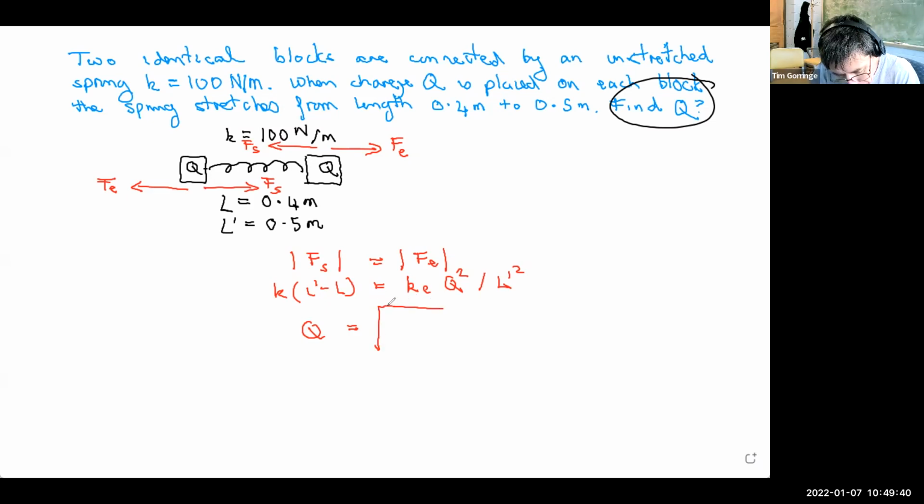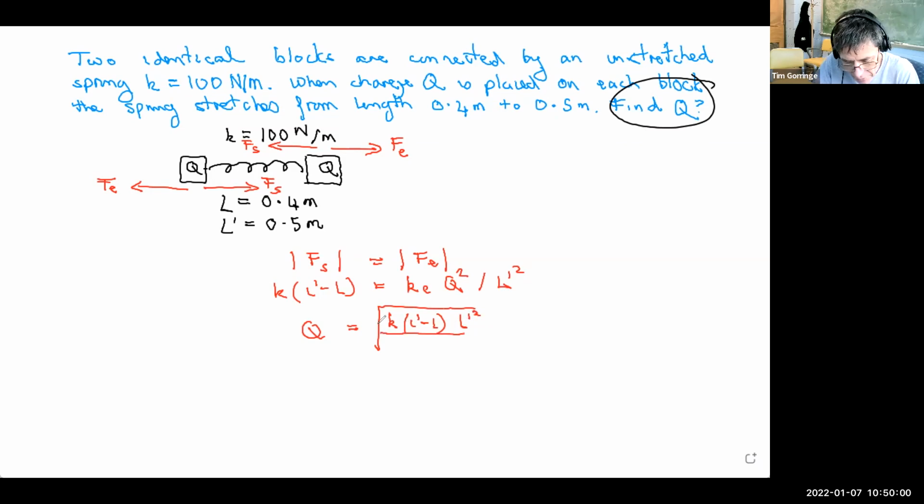So in the numerator here, I've got the spring constant. I've got the amount that I stretch the spring. And I've got the square of the final separation between the two blocks.